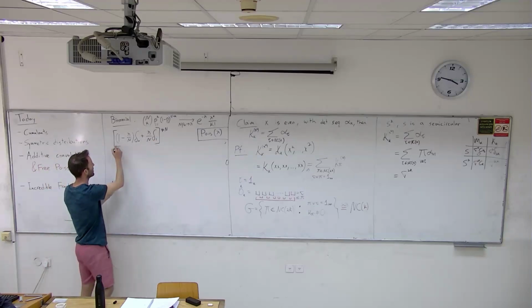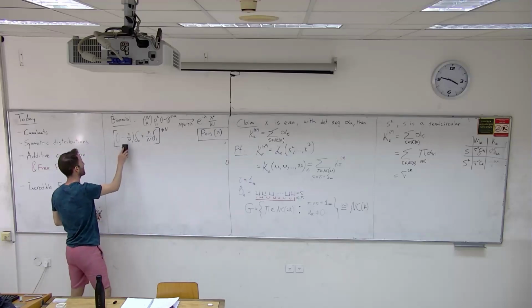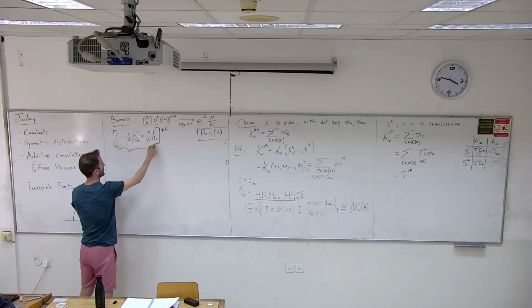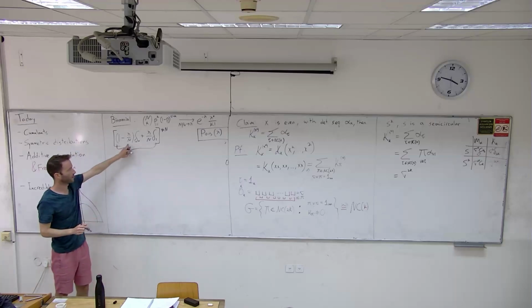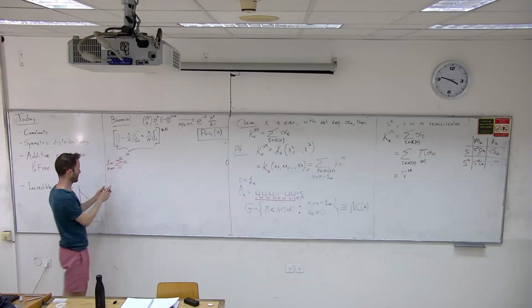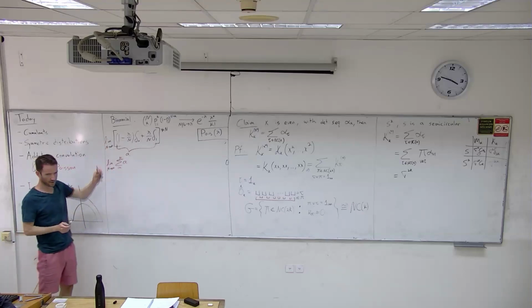So if I have elements, let's say a_i, that are distributed by this distribution, and I look at the sum of the a_i, i goes from 1 to n, and n goes to infinity, I'm taking the limit of this distribution.